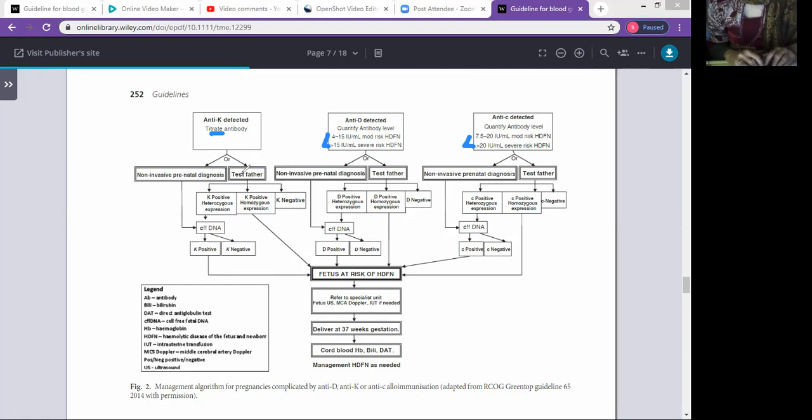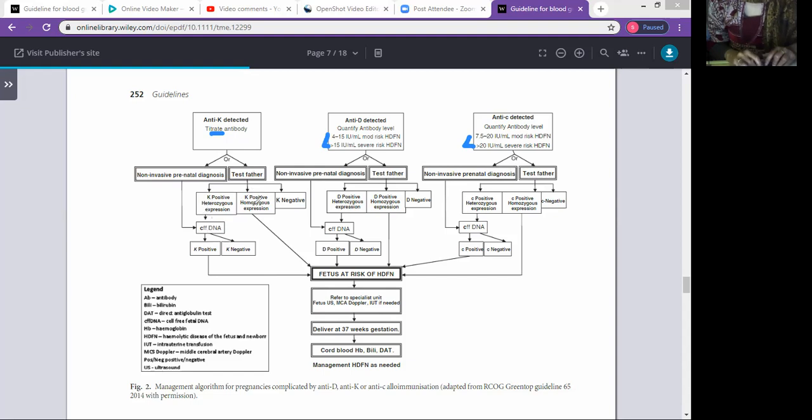We also need to test the father. In all these cases there should be a prenatal diagnosis by the genotyping method and paternal testing to determine whether there is homozygous or heterozygous expression. If there is heterozygous expression, then we need to confirm the risk to the fetus by doing cell-free fetal DNA testing.